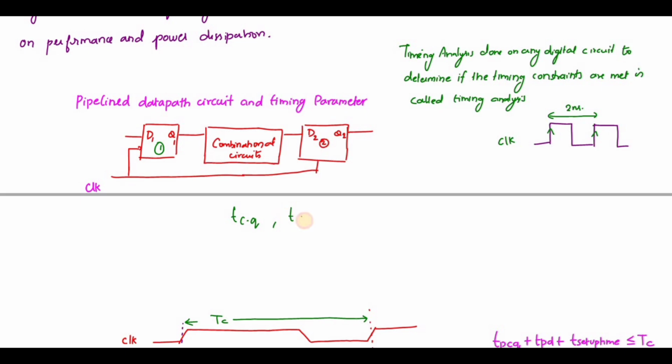And TCQ CD represents the minimum propagation delay of the register.